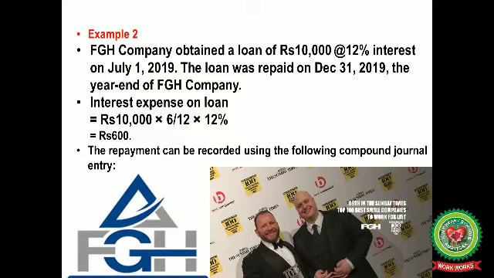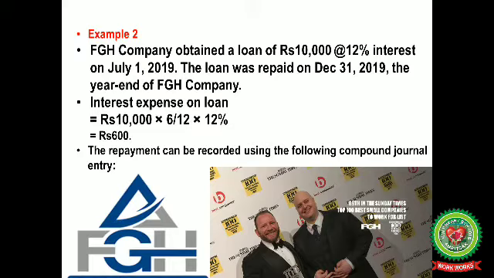Second example, when we talk about FGH company, suppose they have obtained a loan of rupees 10,000 at the rate of 12% on July 1, 2019, and the loan was repaid on December 31, 2019, the year end of FGH company. Interest expense on the loan would be 10,000 into 12% for 6 months.